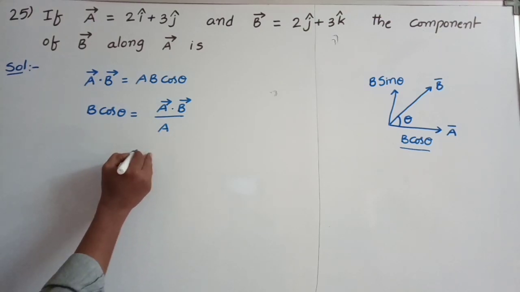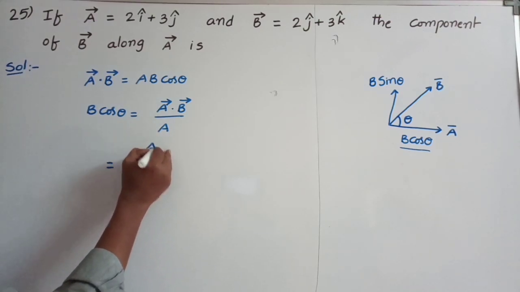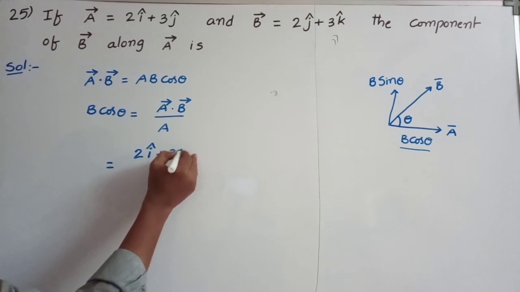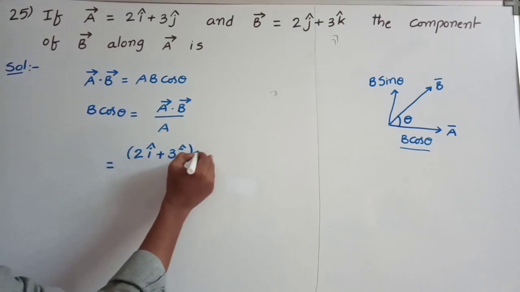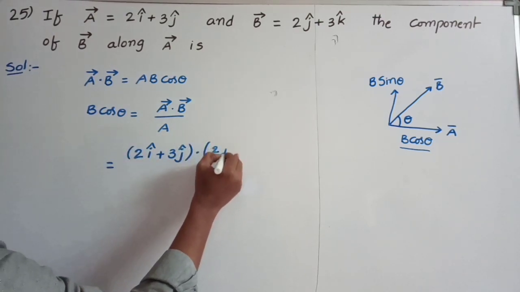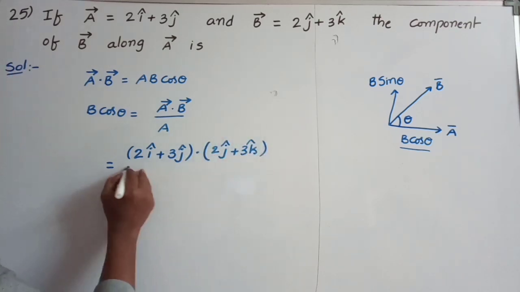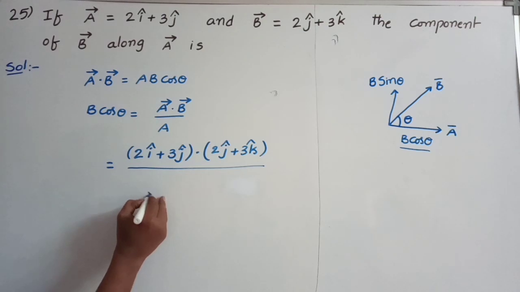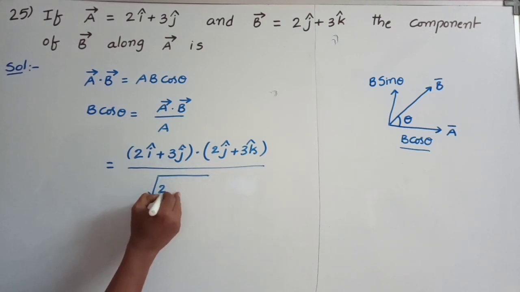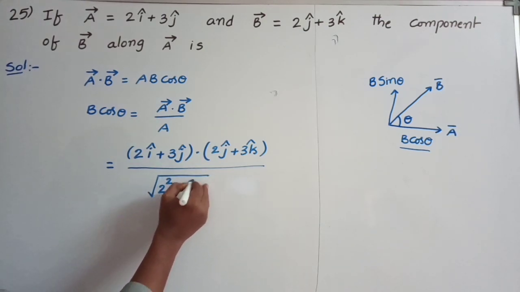So that is equal to a bar value 2 i cap plus 3j cap dot 2j cap plus 3k cap, divided by a, meaning magnitude of a, that is equal to under root of 2 square plus 3 square.